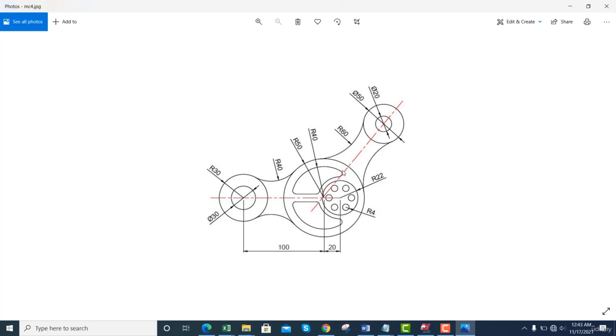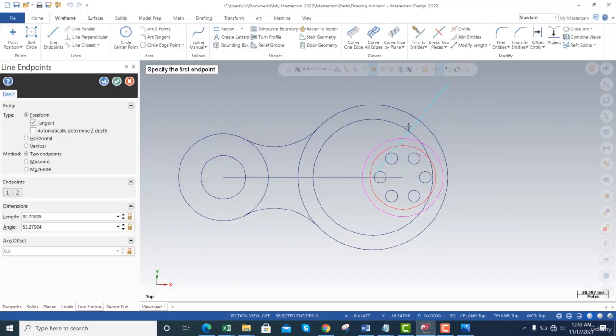Half will be used, no, half is 50, 110, and this one has diameter 50, meaning 25, 110 plus 135, 110, okay, 135 is the length. Length is 135 and angle will be 90 minus 30, 60.